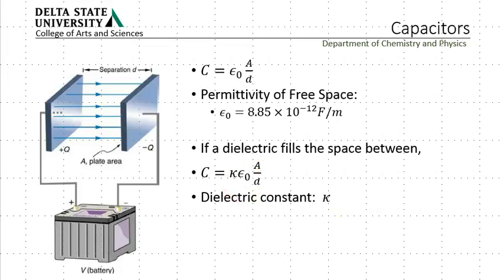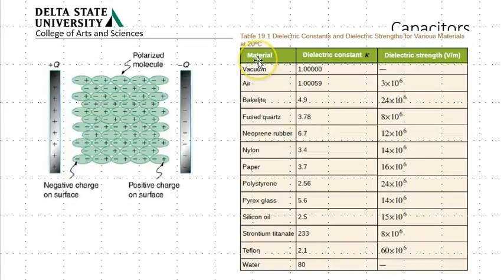And the dielectric constant is just a number you have to measure for different materials. The dielectric constant for air is 1, pardon me, not quite 1, a little bit of difference. The dielectric constant for vacuum is 1. And you can see the breakdown voltage here, our breakdown electric field strength, 3 times 10 to the 6 volts per meter.